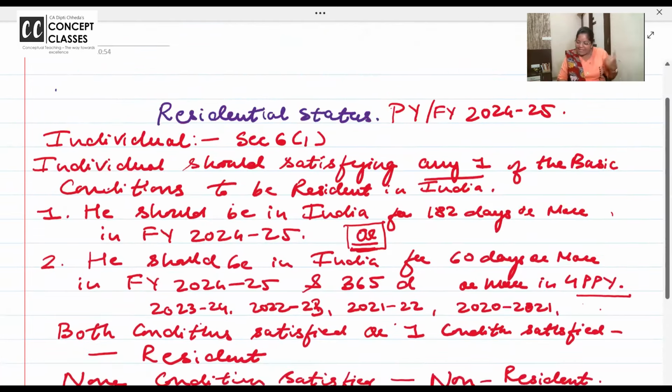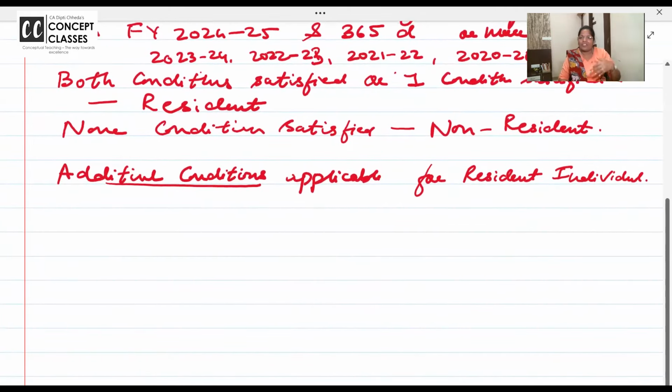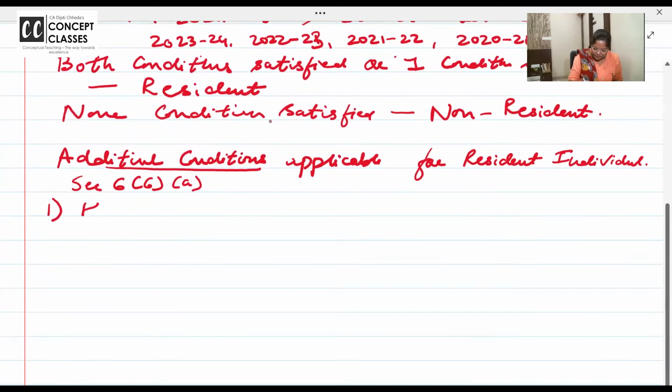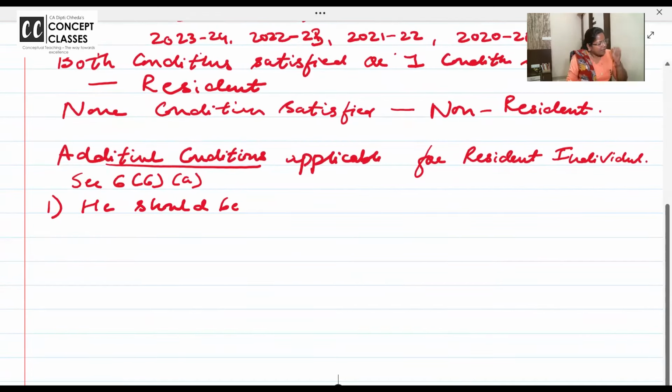So now with any one of the basic conditions, are you resident? Aa jao. Let us check additional conditions given in section 6, clause A. First one. He should be resident, not present.